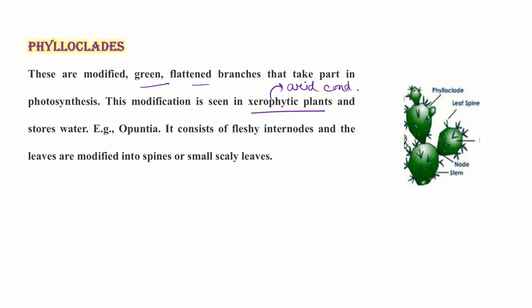Arid region means what? It is very dry, so there will be scarcity of water. So these tissues are potent in storing water. This is found in Opuntia. It consists of fleshy internodes and the leaves are modified into spines or small scaly leaves.